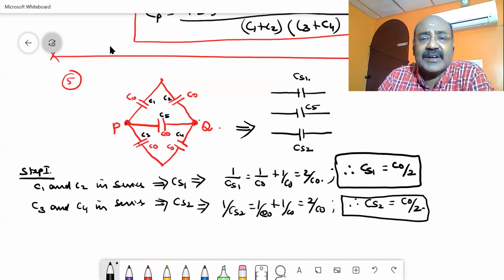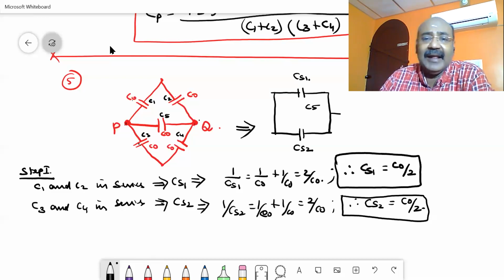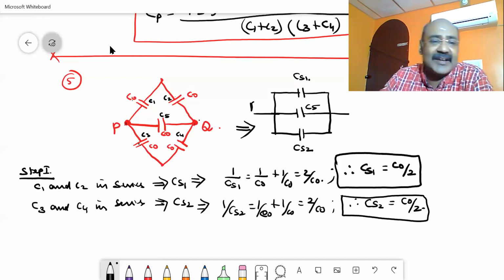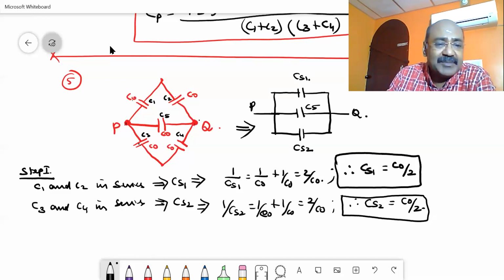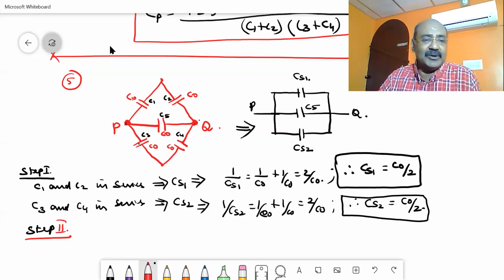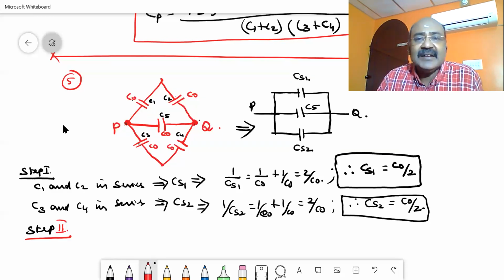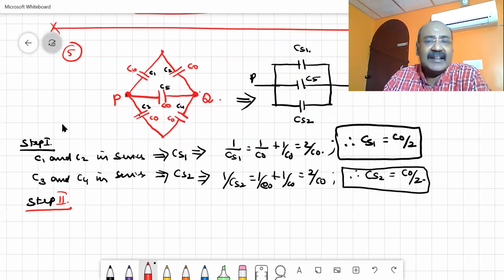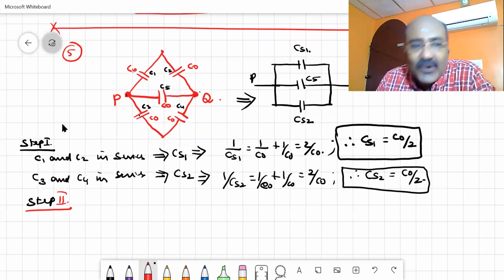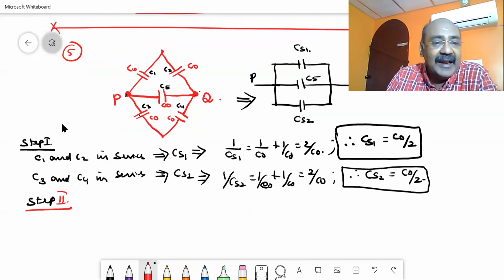When you join them, all three are in parallel. This end is P and this end is Q. So what is step 2? Step 2: CS1, C5 and CS2 are in parallel.